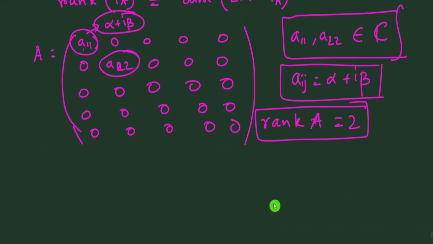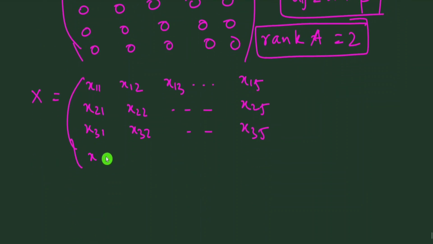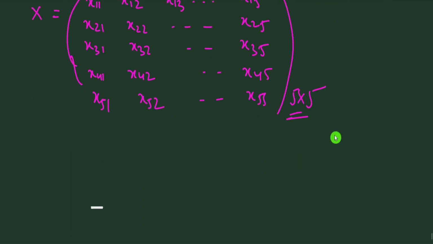So now we calculate AX. Let us choose an arbitrary matrix X with entries x11, x12, x13, x14, x15, x21, x22, and so on up to x55. So this is clearly a 5 by 5 matrix. Now we calculate AX.